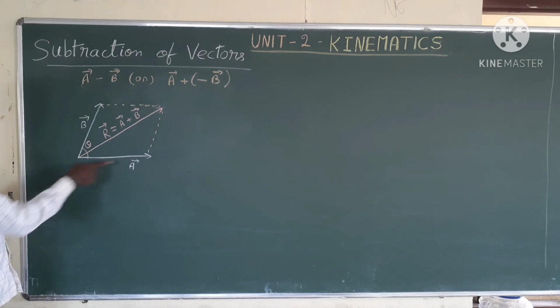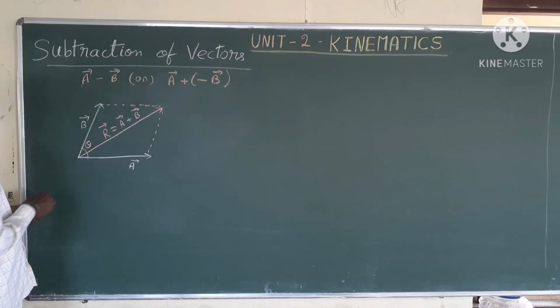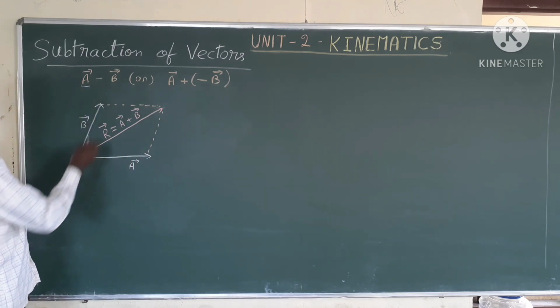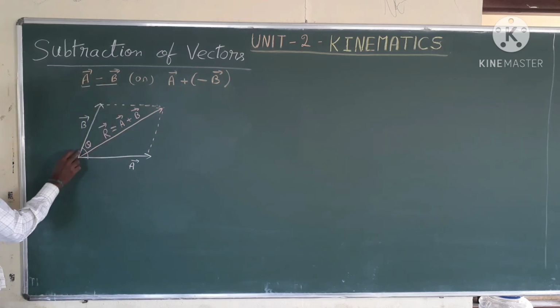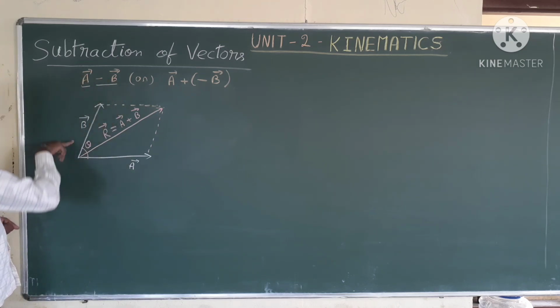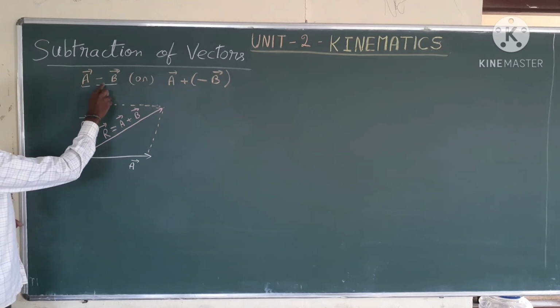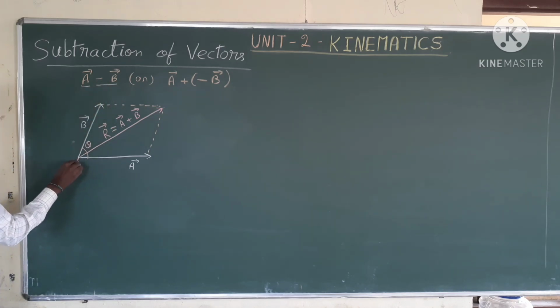Our question is to subtract a vector and b vector. So for that, this one is a vector. Then how to represent minus b vector? This is b vector, so opposite to b vector is minus b vector.